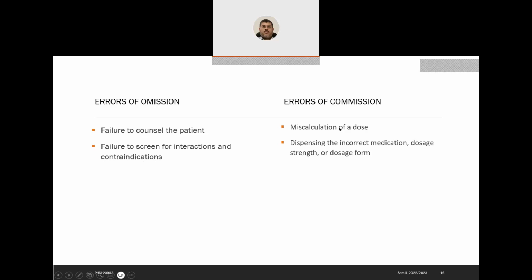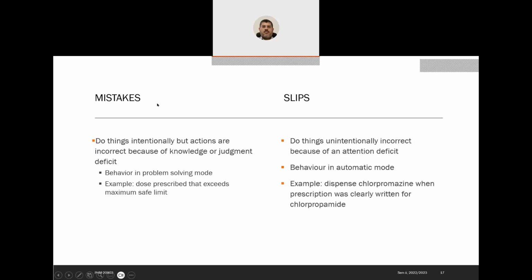But errors of commission are when we do something wrong: miscalculation of a dose, dispensing the incorrect medication, incorrect dosage, or incorrect dosage form. Errors may also be mistakes or slips. A mistake is doing things intentionally, but the actions are incorrect because of a knowledge or judgment deficit.